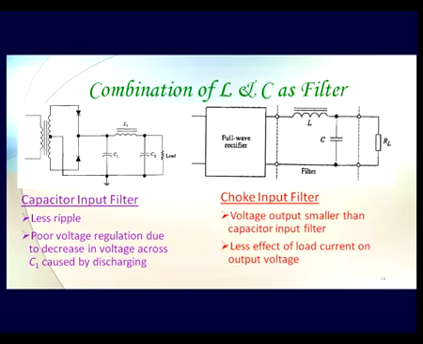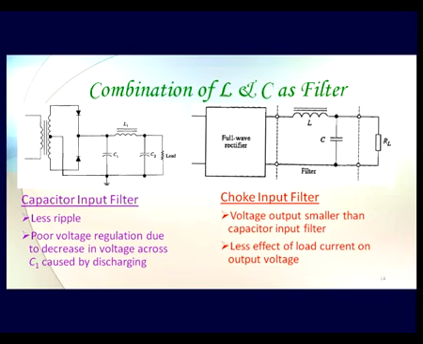But we can also have something called an L filter. L is in the shape of the component arrangement here. At the input we have an inductor, and a capacitor is put in shunt or in parallel with the load. In this case the voltage output is smaller than the capacitor input filter, because the capacitor can charge to the maximum value, whereas the inductor will never allow this capacitor to charge to maximum value.